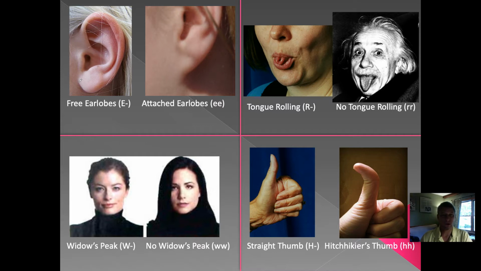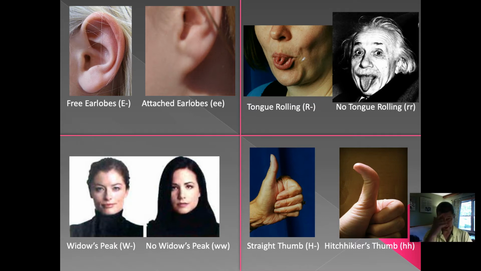If, on the other hand, you have two recessive alleles, two recessive genes, one from mom and one from dad, your earlobes are attached. See how this one comes straight down into the side of the head. Can you roll your tongue? Some people can, some people can't. But tongue rolling is a dominant trait, whereas not being able to do that is a homozygous recessive trait.